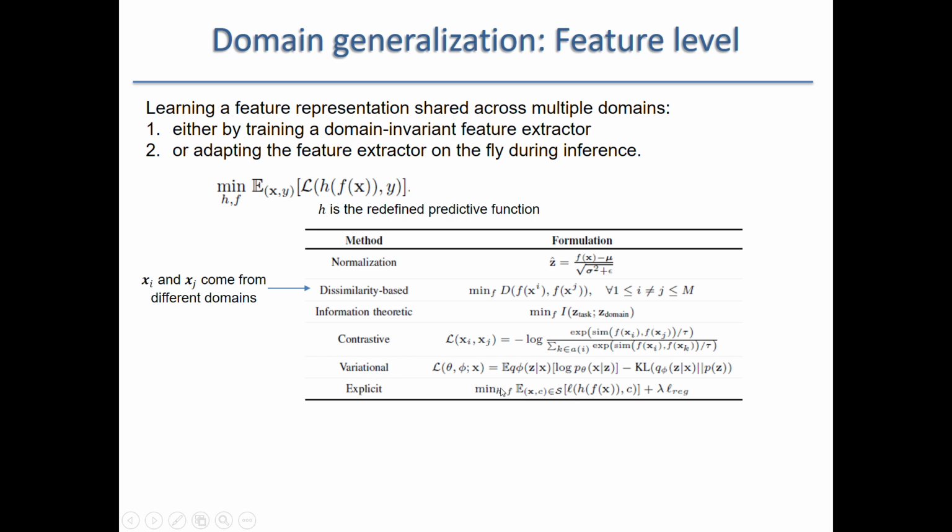Or we can impose some variational knowledge on the latent space, so that the latent space should resemble some prior. Or we can be explicit: we have some task to perform, that is C, so we have a loss function that depends on C.